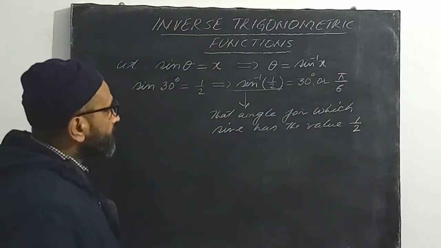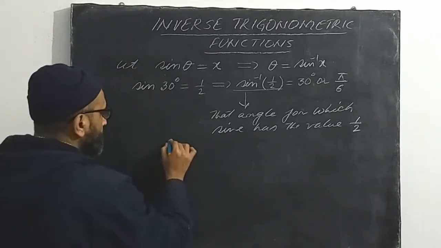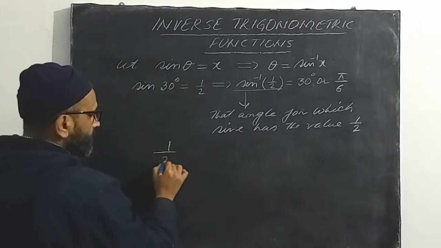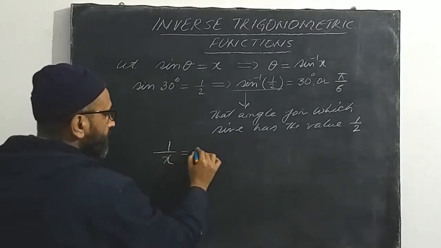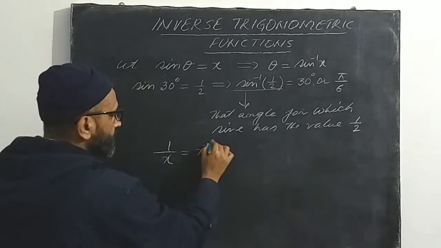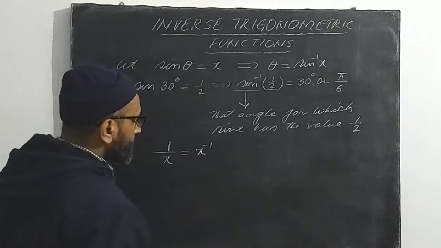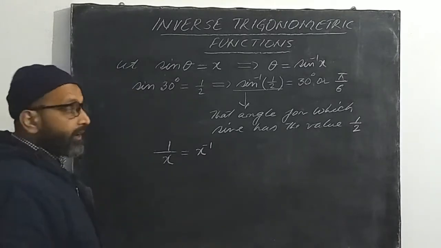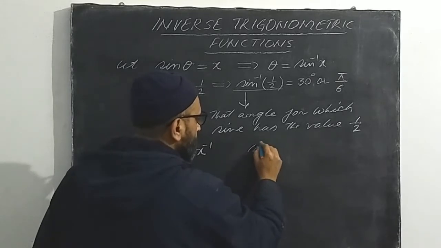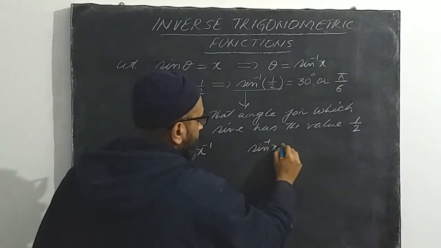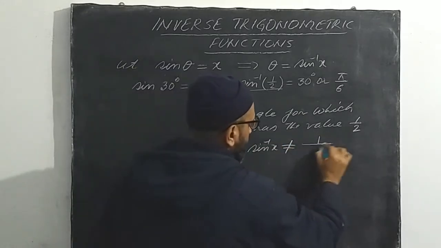So here one thing must be clear. As in algebraic expressions, 1 upon x is written as x raised to the power minus 1, so generally x raised to the power minus 1 is considered to be the reciprocal of x. But here in this case sine inverse x doesn't mean the reciprocal of sine.